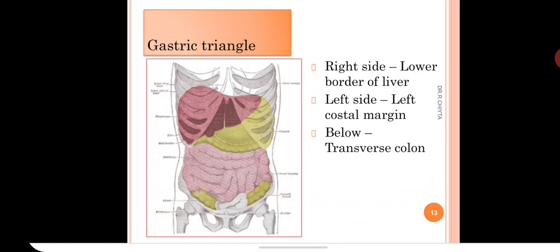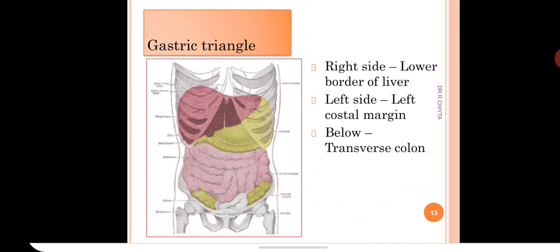Boundaries: right side, lower border of the liver; left side, left costal margin; below, transverse colon. So what is the importance of knowing this gastric triangle? In complete esophageal obstruction, you want to put a tube. In emergencies, a tube can be introduced in the stomach through the gastric triangle for feeding the patient.